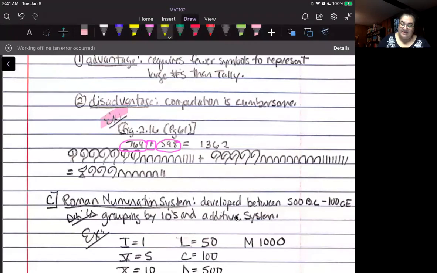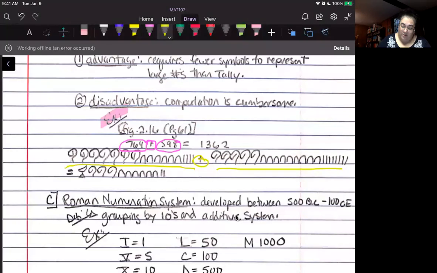Here is 764 using the Egyptian numeral system, plus here's 598.